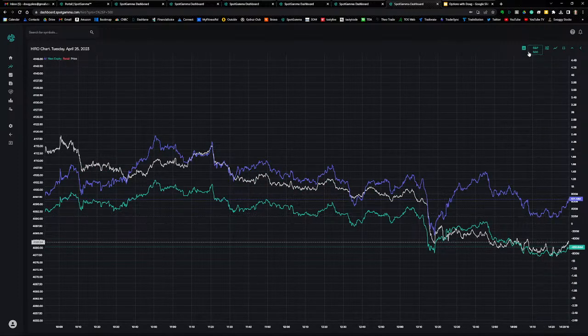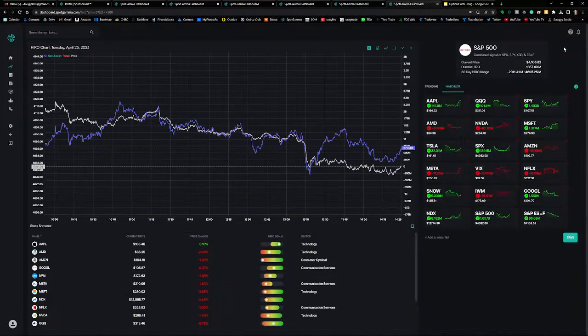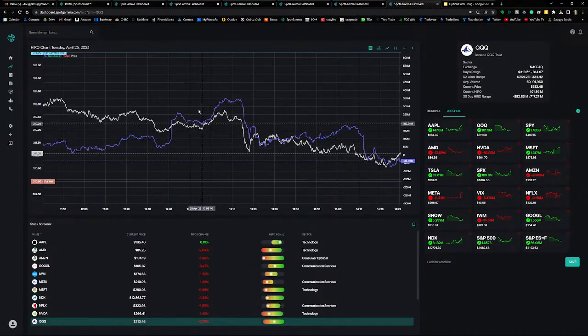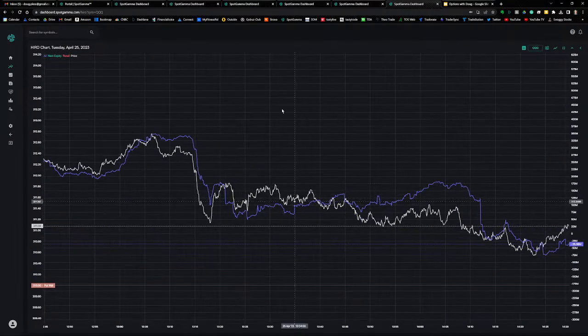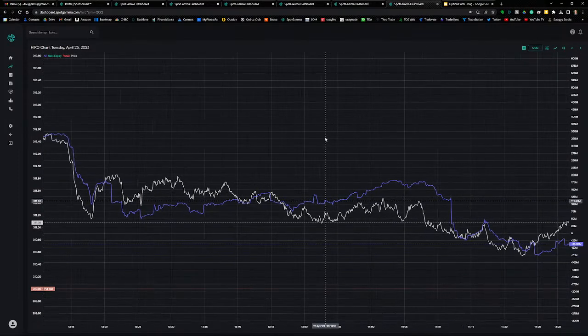And let's take a look at QQQ. Then we'll take a look at NASDAQ and wrap it up. So it leveled off a little bit. Let's see where NASDAQ found support.